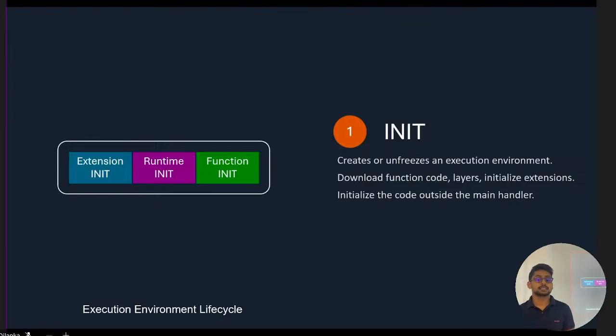In this phase, the function will create or unfreeze the execution environment, and it will download your code. If you have integrated any layers, those will be downloaded in this phase and the extensions will be initialized as well. Another main thing is it will initialize the code outside the main Lambda handler.